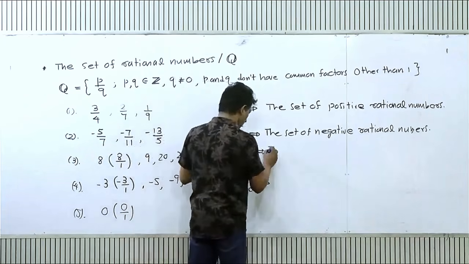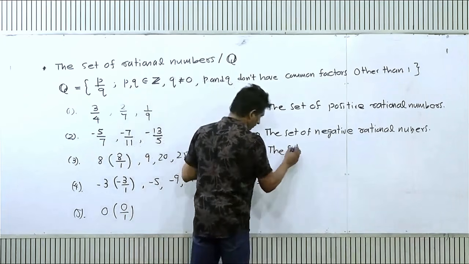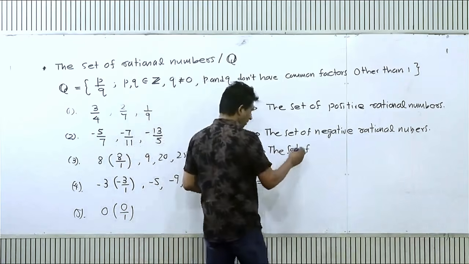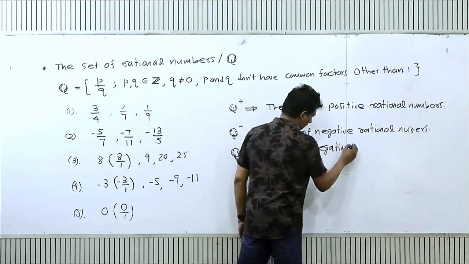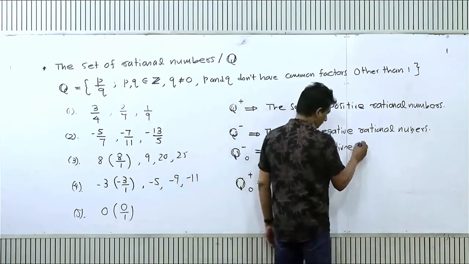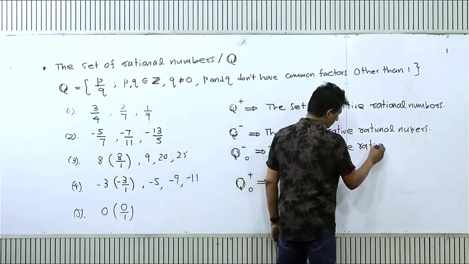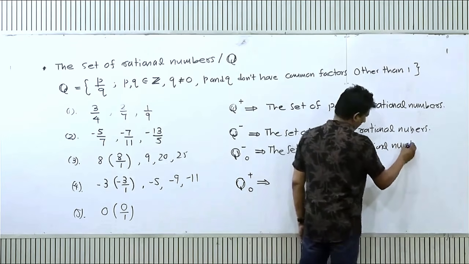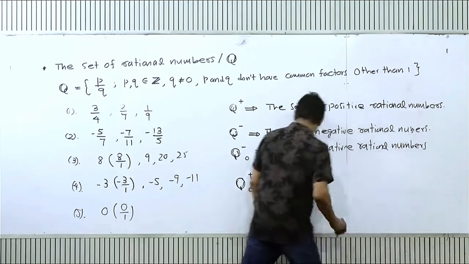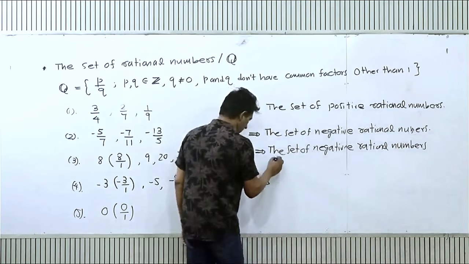This one, the set of negative rational numbers including 0.